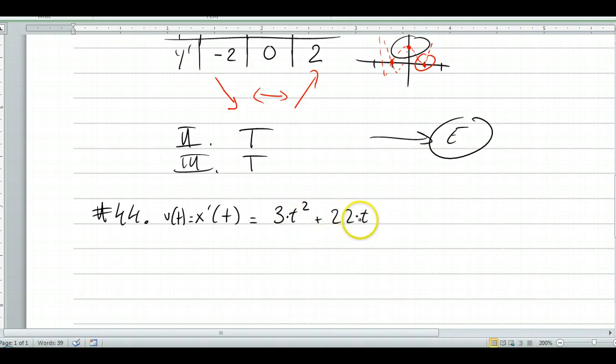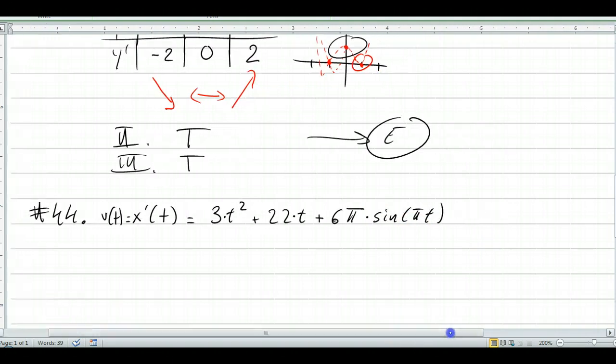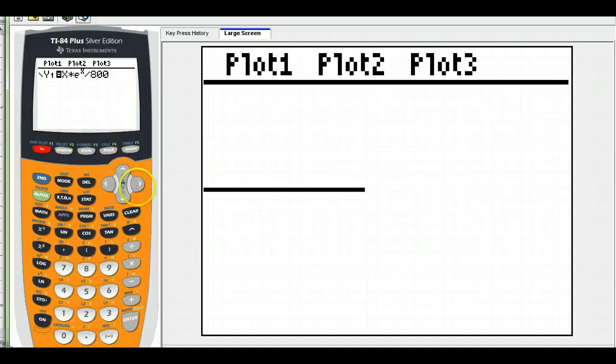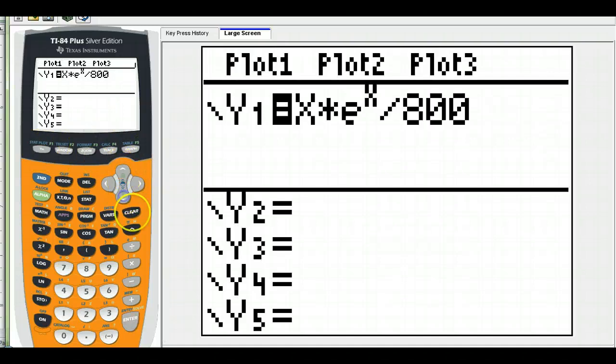Okay, let's differentiate this cosine right here. The derivative of cosine has a minus sign, and multiplied by the minus, it's going to be a plus. So I'm going to have a plus 6 pi, and then sine pi t. Okay, so this is the derivative, and I'm surely not going to study that by hand. So let's go to the Y= menu and enter this function.